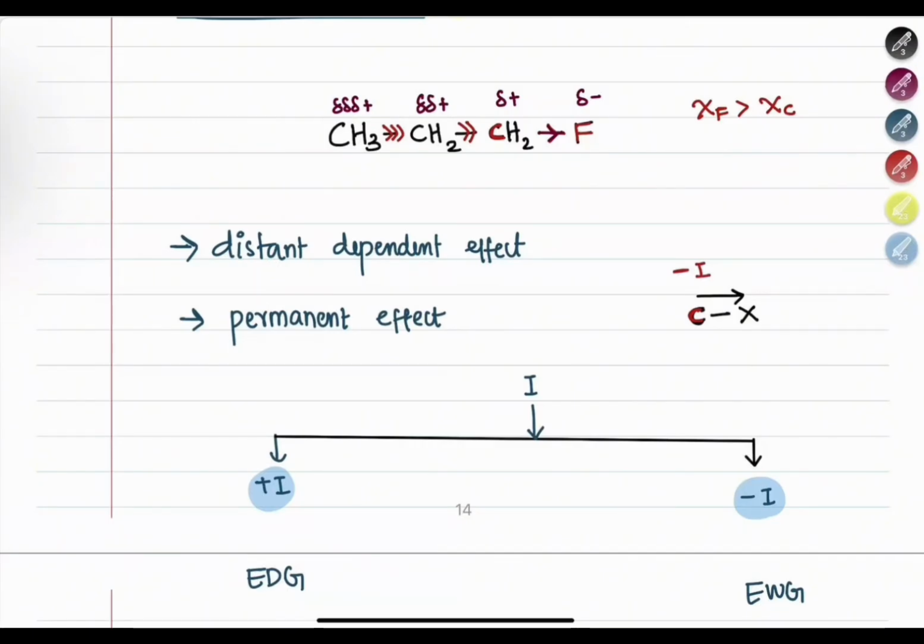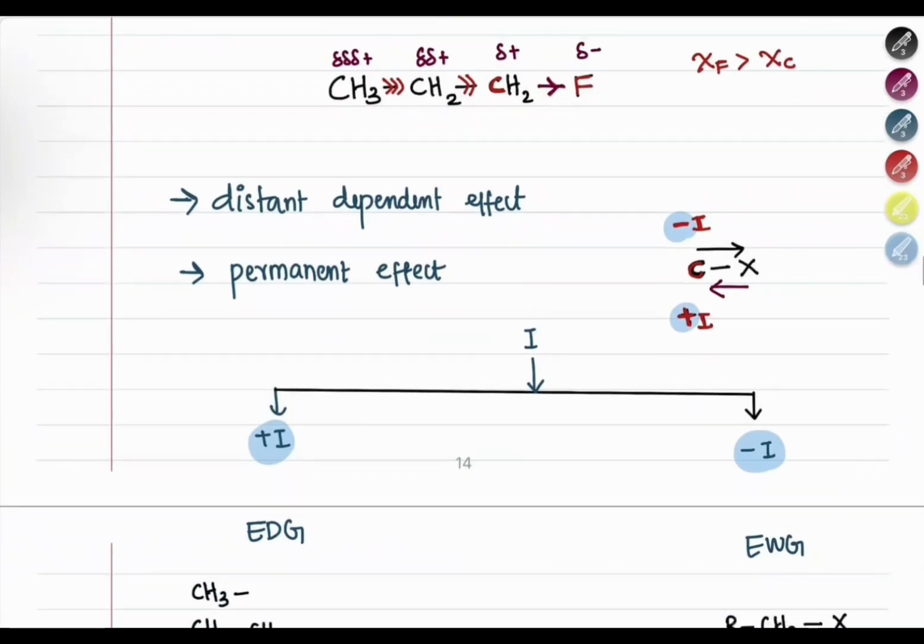And suppose the electrons are moving towards our carbon, that means the carbon is getting electron density. So carbon is getting means positive. In this case, it will be denoted using plus I. So minus I means the electrons are moving away from the carbon chain, and plus I means the carbon chain is getting electrons. Okay, that's how we'll remember the plus I and minus I effects.